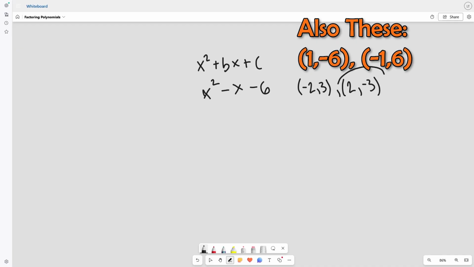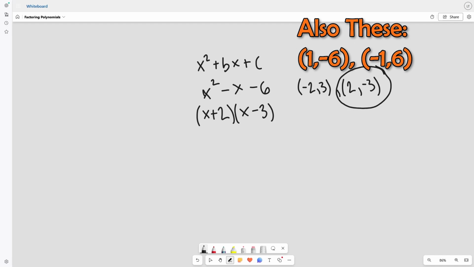And that would be this pair. So moving on from there, we can do x plus 2 times x minus 3. And that would allow us to factor this expression.